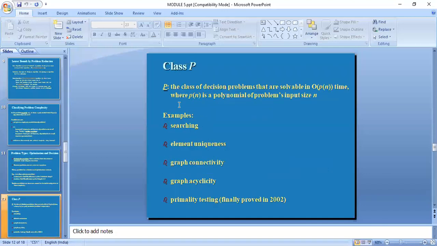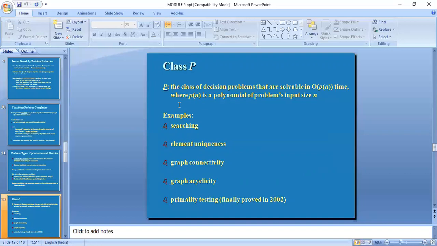So we have something called a class P problem. Basically, what is this class P problem? It is solved by a deterministic algorithm. An algorithm can be deterministic or non-deterministic, and we say whether it is of polynomial or exponential form.